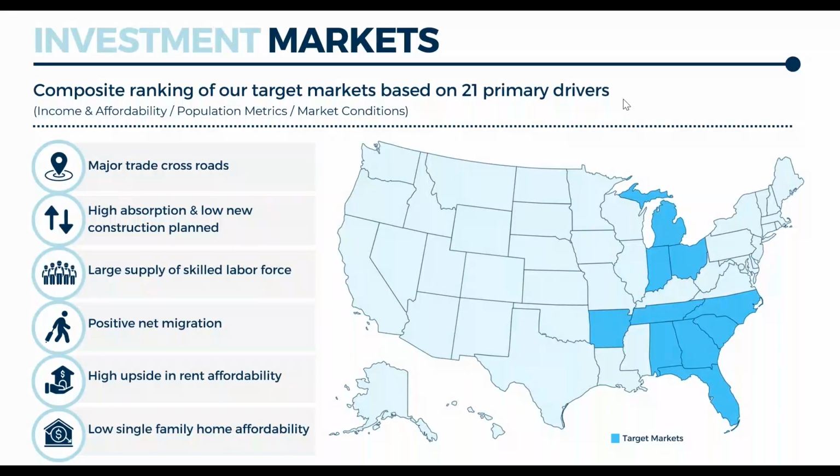Positive net migration means more people are moving in to the state or city than out, right? It's growing, and high rising tides raise all ships. High upside in rent affordability, meaning that rents are relatively affordable, meaning that there's opportunity to increase rents, and people will still be able to pay.